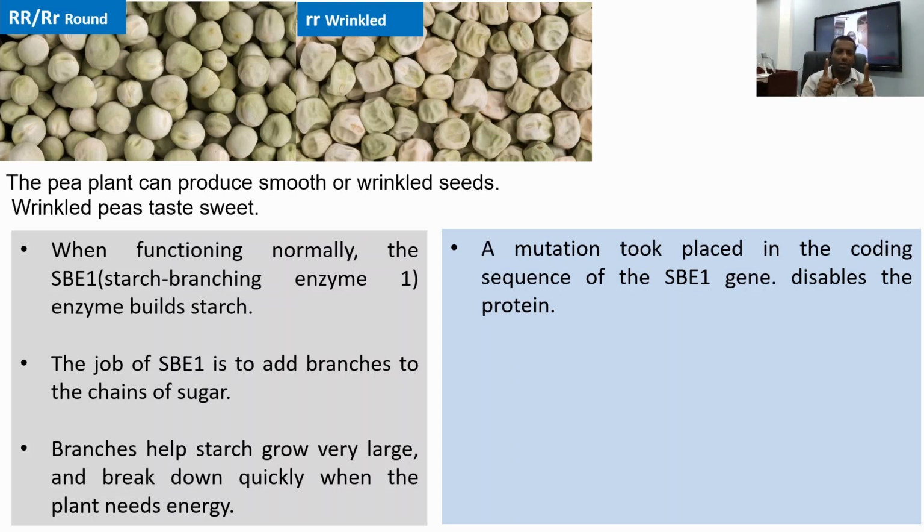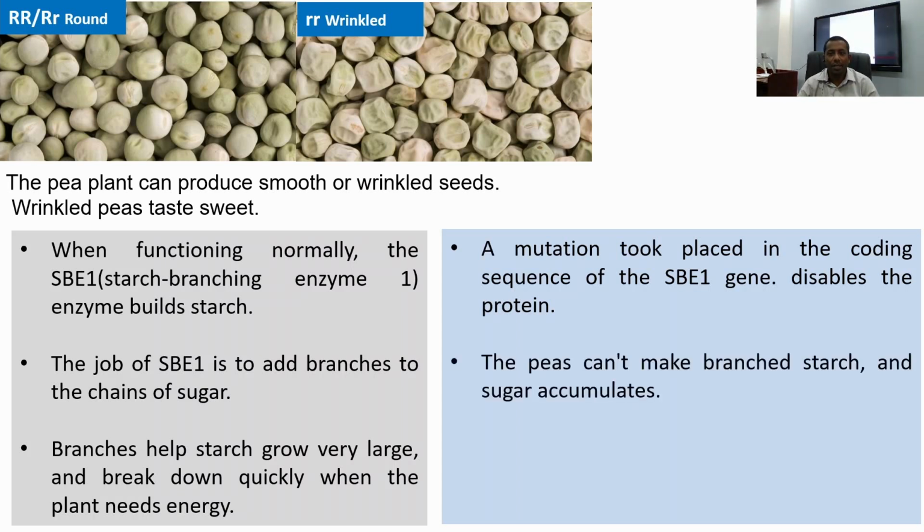You know that in each diploid you have 2 chromosomes. In some chromosomes, what we call the recessive chromosome, there's a mutation. This mutation prevents the formation of the SBE1 protein. Therefore, homozygous recessive plants cannot produce branched starch molecules, so instead of starch inside these seeds, sugar starts to accumulate.